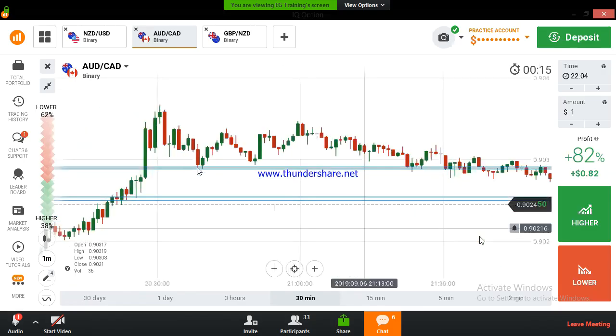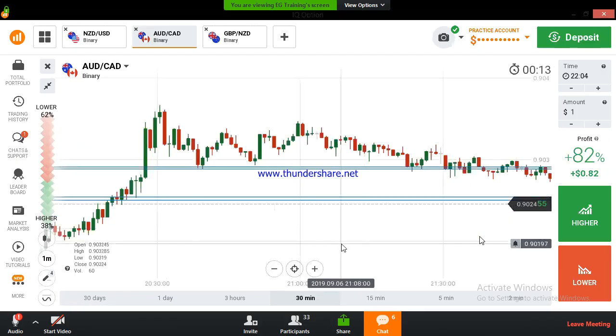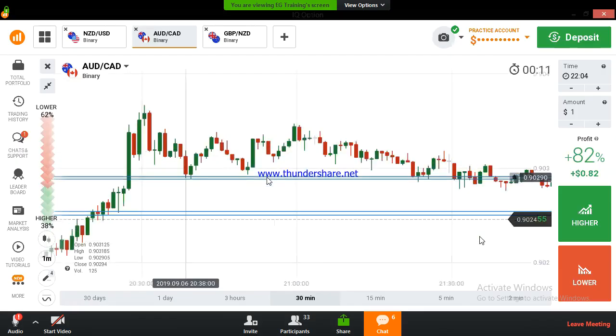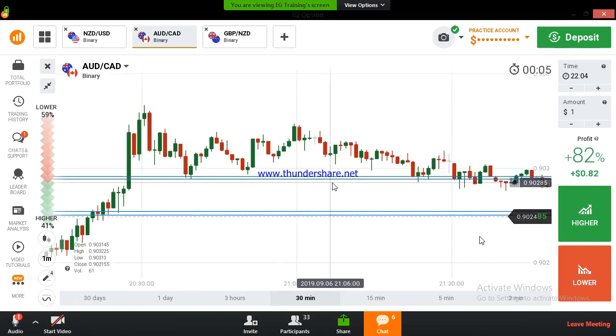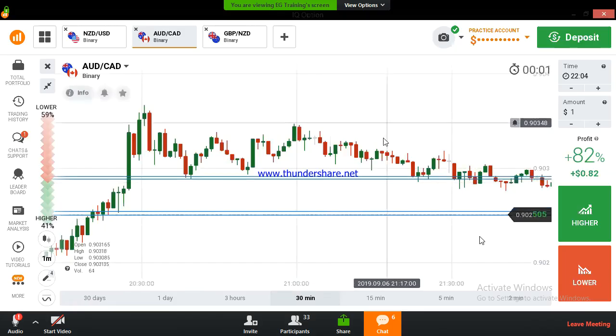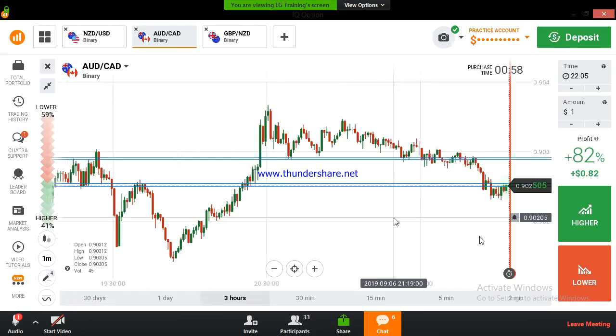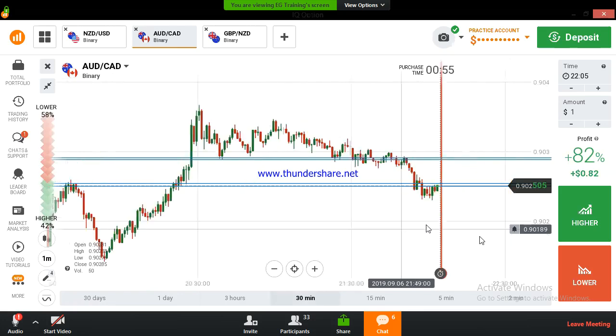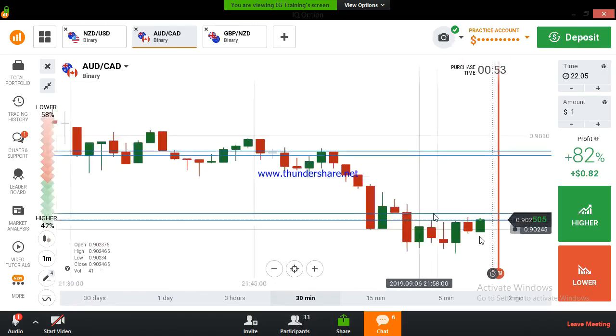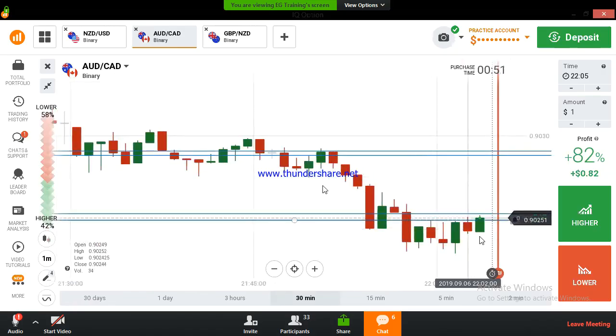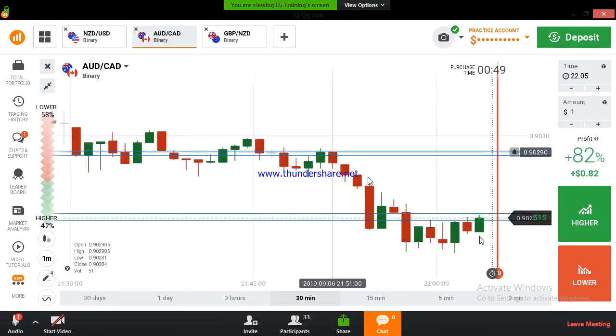If you want to place your trade, you can place it with confirmation. You can place without confirmation too. It's not a matter. But if you place your trade with confirmation, you will get more winning trades. You will get the most winning ratio if you place your trade without confirmation directly. Here the candle closed, you can place your trade.